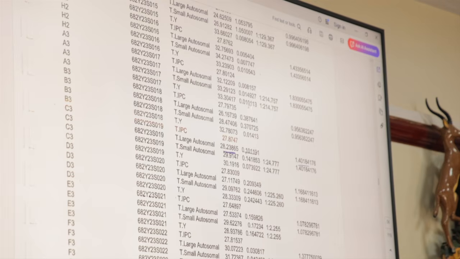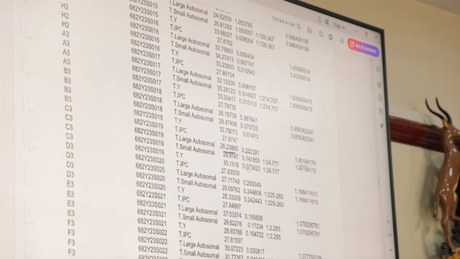Do you see the ratios? T small, yes, is 0.07. Sample 19, yes. T Y is 0.07.